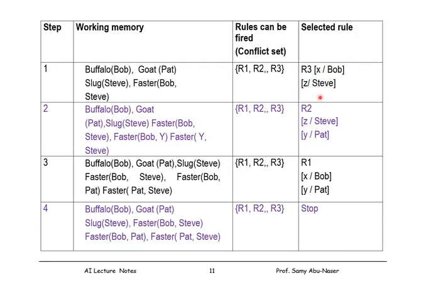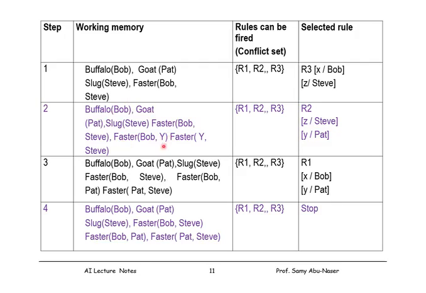The result is, we have previously Bob is Buffalo, Bat is Goat, Slug is Steve, Faster Bob and Steve, and we have a new Faster Bob, Y, and Faster Y, Steve. This is what we get from firing rule 3. Y is not known. That's why we kept it Y for now.